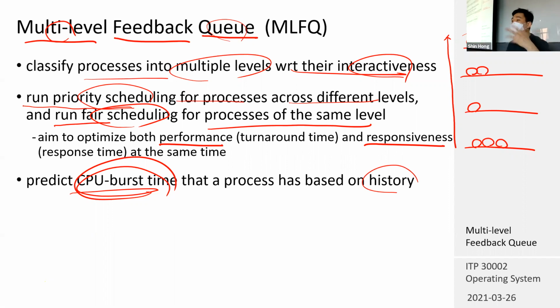And then after that, we measure the tendency of the CPU burst time for each process. If a process takes a longer CPU burst time, then the system degrades its priority. And if it quickly returns the CPU once it gets it, then the system recognizes that as a kind of interactive process, so it keeps it at a higher priority. That makes sense, right? 그렇죠.